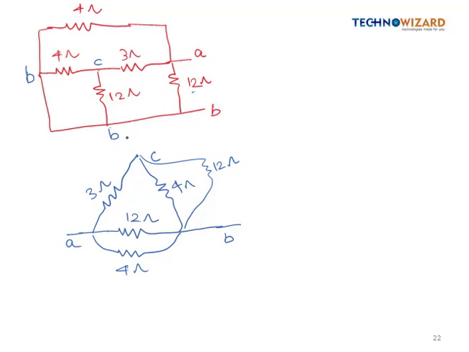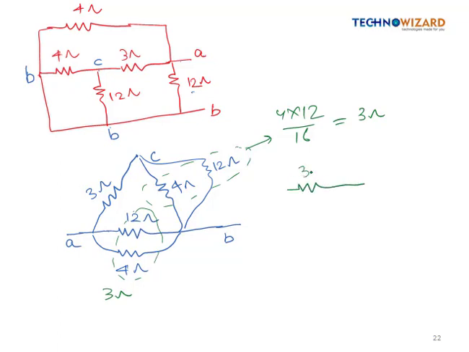Now these two are in parallel, so it can be solved as 4 into 12 divided by their sum, which is coming as 3 ohm. Similarly, these two will result in 3 ohm. It means 3 ohm in series with 3 ohm, which is in parallel with 3 ohm.